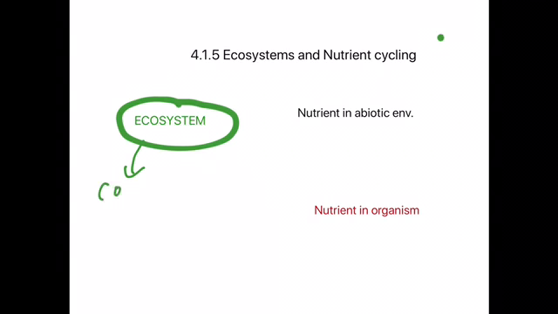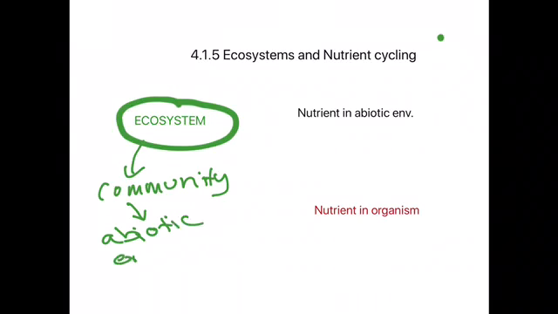So, a community, which is a group of populations living in the same area. Populations are a group of the same species. So we have communities interacting with the abiotic environment.